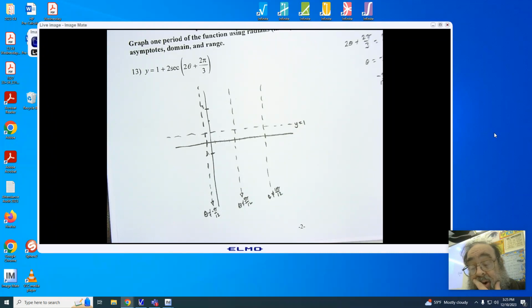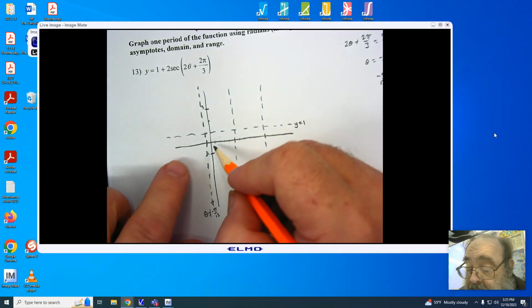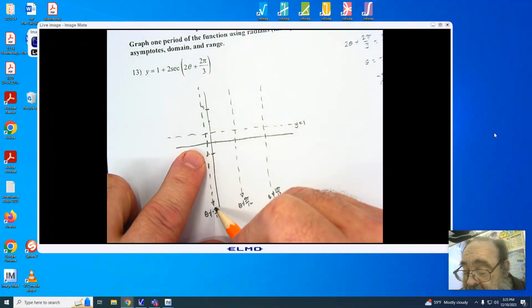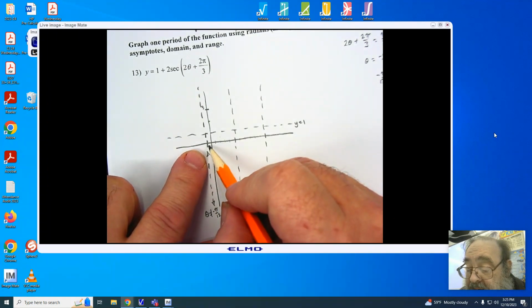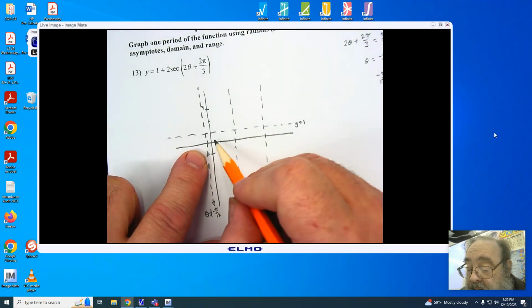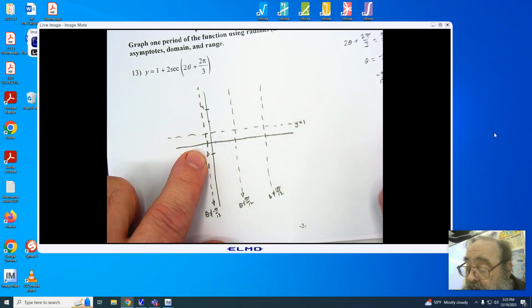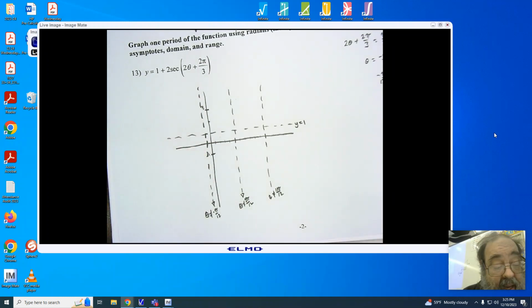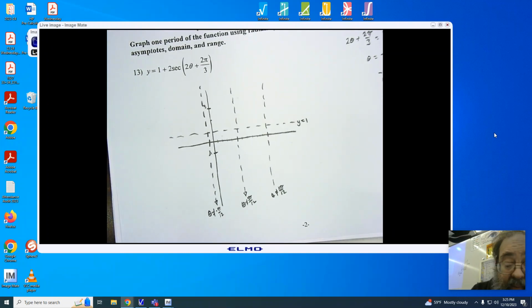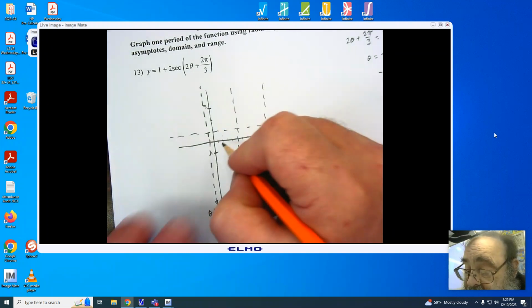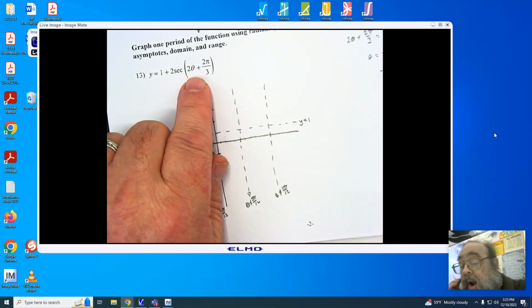And I'm now going to locate a point somewhere in between. So if I'm sitting here at negative pi over 12, I'm going to go 3, halfway. 1, 2, 3. Notice that I am at 2 pi over 12, which is going to give me pi over 6 as my first value. So when I graph this, I'm going to start at pi over 6, and I'm going to plug that in right here.